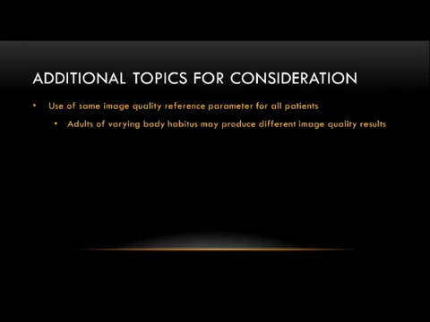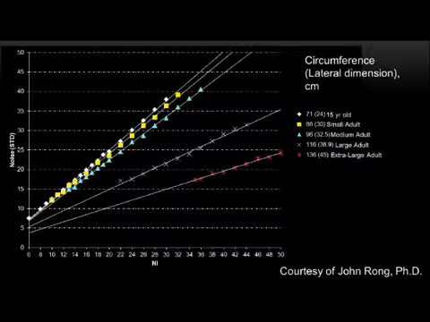I already touched on this with the Siemens, where with the Siemens systems, you can change how the tube current behaves. And this also ties into our personal experience with the GE, where even though the noise index was the same, the radiologist found the image quality for the smaller patients to be unsatisfactory, where it was satisfactory for the larger patients.